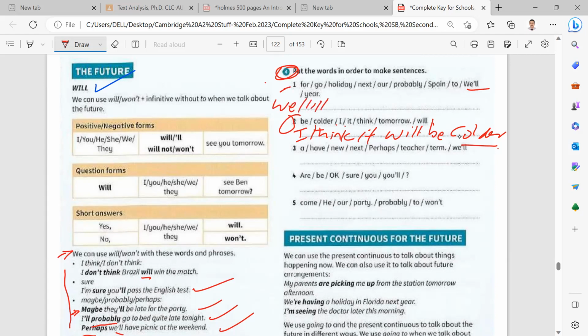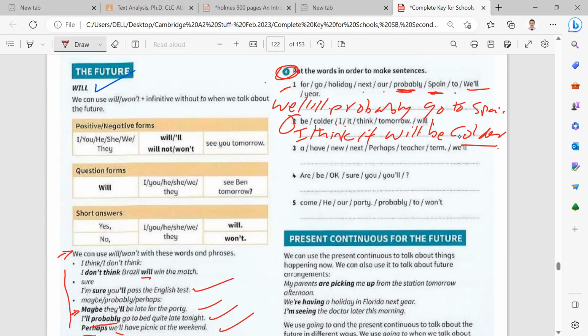We will probably go to Spain for our holiday next year.